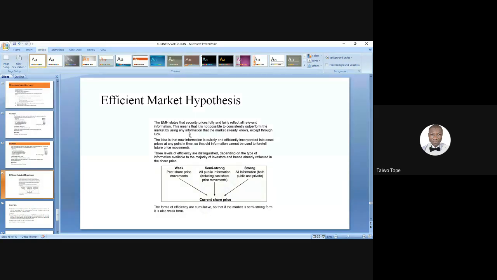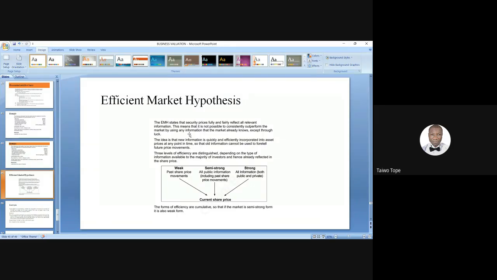And also we have the semi-strong form of efficiency. And also we have the strong efficiency. So when we talk about the weak form of efficiency, what are we referring to?